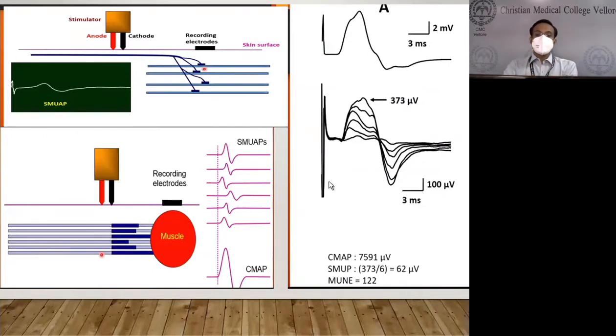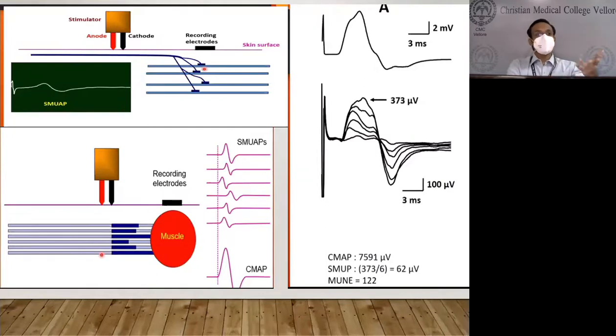The total of the mean amplitudes was 373, and if you divide that by 6, you get a value of about 62. So this is the mean surface motor unit action potential. If a patient had a CMAP of 7.5 millivolts and the surface motor unit action potential is 62, then dividing, we estimate the motor unit number as 122. This is a rough estimation.